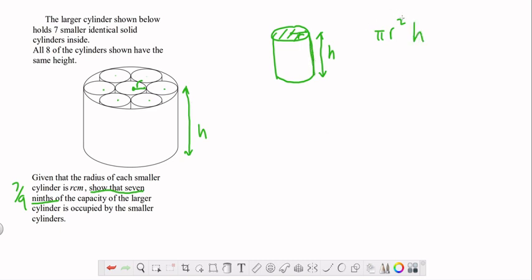This formula represents the volume of the smaller cylinder. But we've got 7 small cylinders, so the total volume of all 7 cylinders is going to be 7 lots of pi r squared h. Remember, that represents the total volume of 7 cylinders.